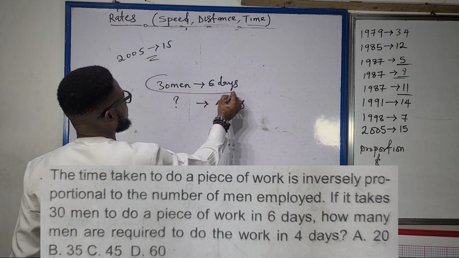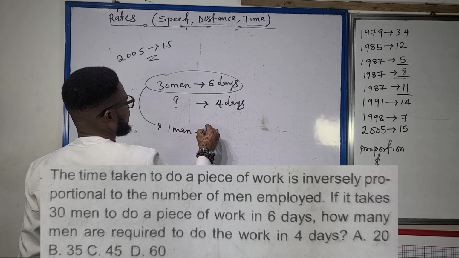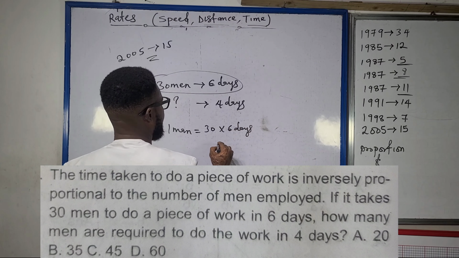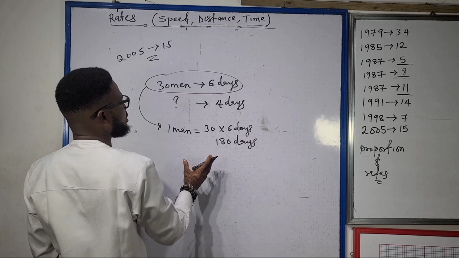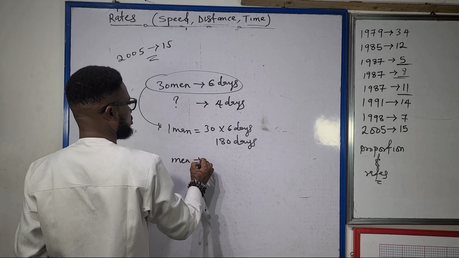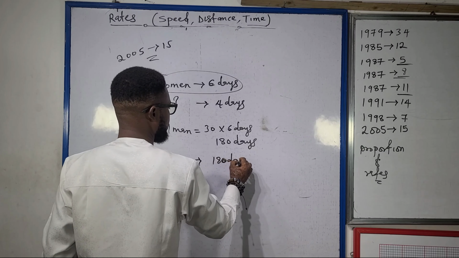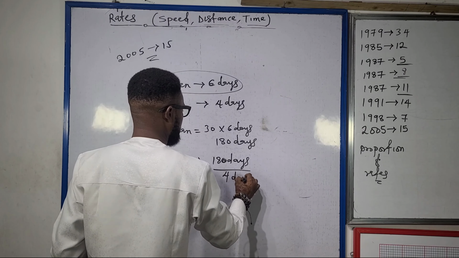If 30 men will take 6 days, then one man will take 30 times 6 days, and that is 180 days. So if I want this work completed in 4 days, the number of men here is going to be 180 days divided by 4 days.